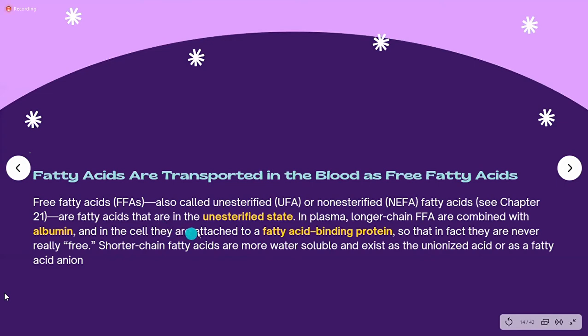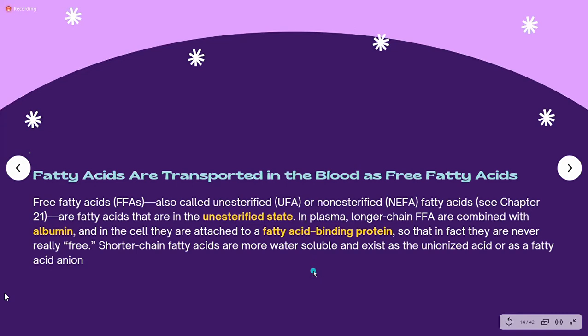And once you get inside the cell, since the cytoplasm is also an aqueous solution, you have another binding protein there, and it is called fatty acid binding protein. So, in fact, they are not really free because they are always in combination with a protein. However, the shorter chain fatty acids are more water soluble and exist as the unionized acid or fatty acid anion.